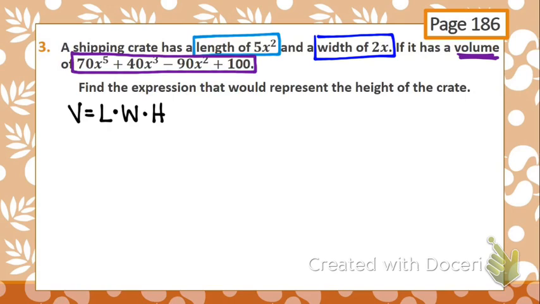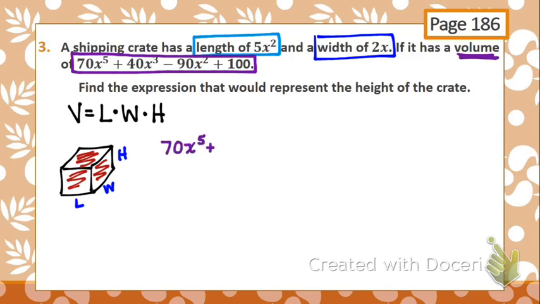Similar to area, it's the space on the inside, but when we're talking about volume, it's a three-dimensional object. So we would do length, width, and height, and the volume is all this space inside that I could fill it with. If you think about it like a cereal box, the volume is how much cereal I have inside. All right, let's take what they gave us and substitute it into that formula. I have 70x to the 5th plus 40x to the 3rd minus 90x squared plus 100.